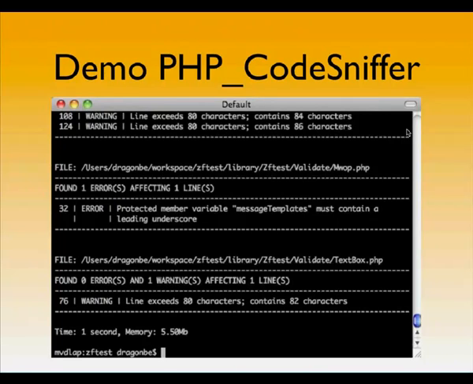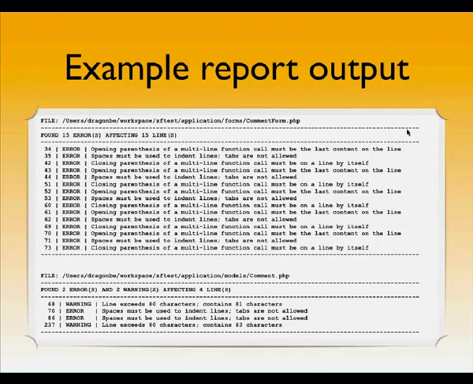It's still in there, so I need to fix this, but still, those are minor issues in regards to, for instance, the message template should contain a leading underscore. In my case, that's a big error. Okay? And of course, you can have your reports immediately, so you get a complete listing for each file that you scan.